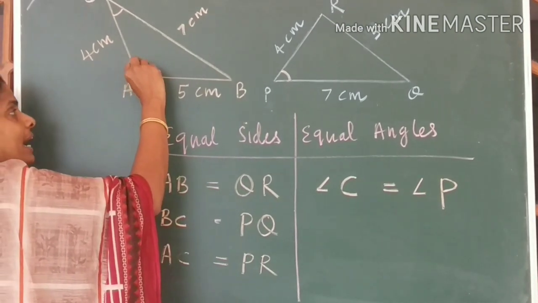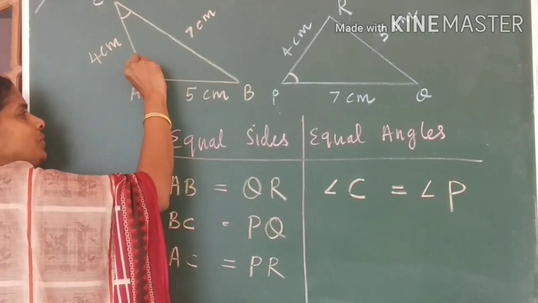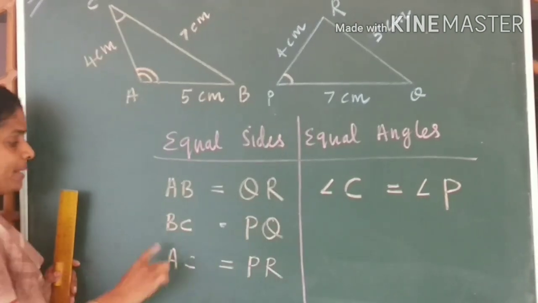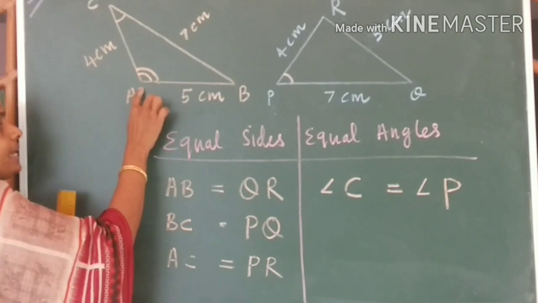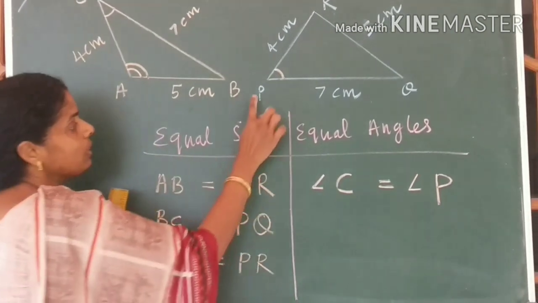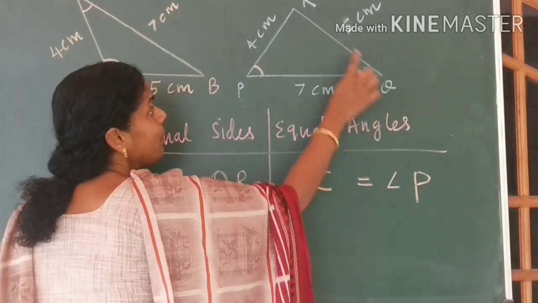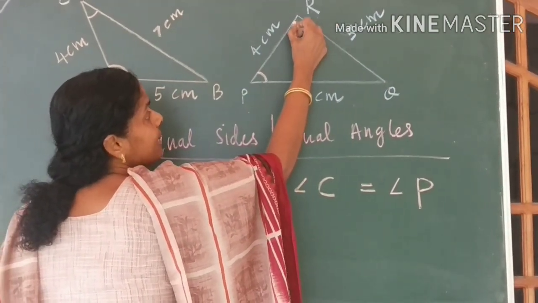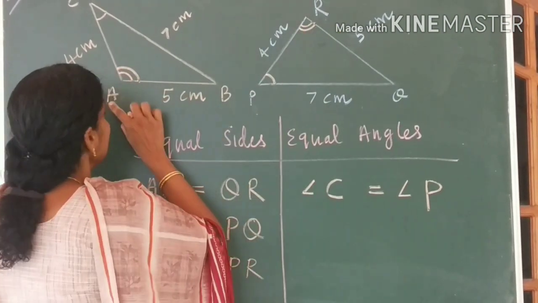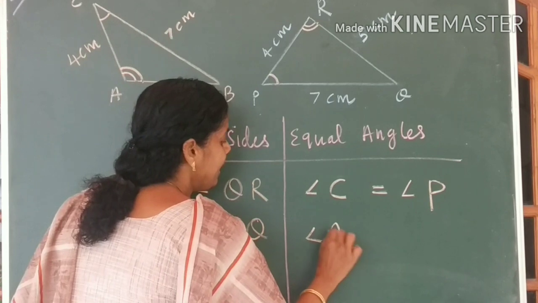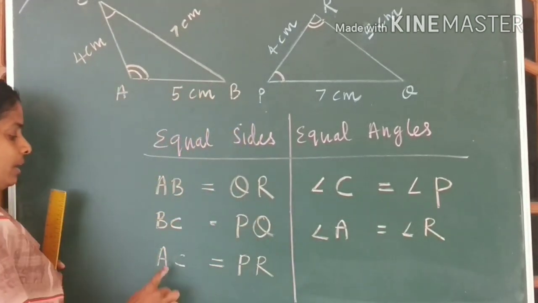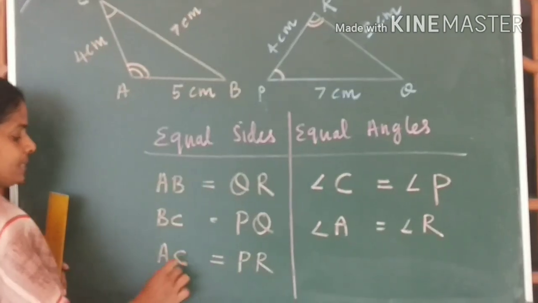So, see, I am drawing two lines so that it will be easy for you to remember. Opposite to BC, I have angle A, and opposite to PQ, I have angle R. Here again, let me draw two lines so that you can write angle A is equal to angle R. Now the last one, AC.